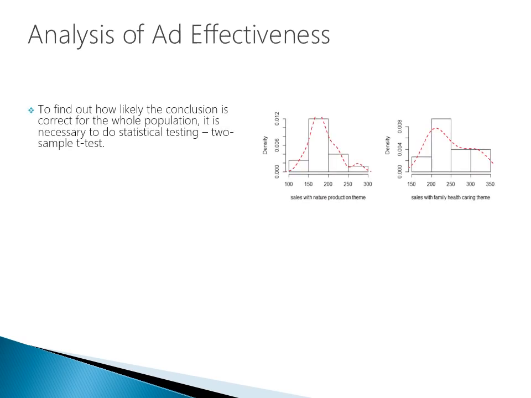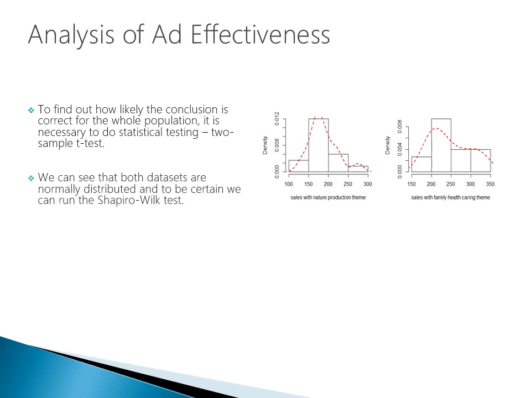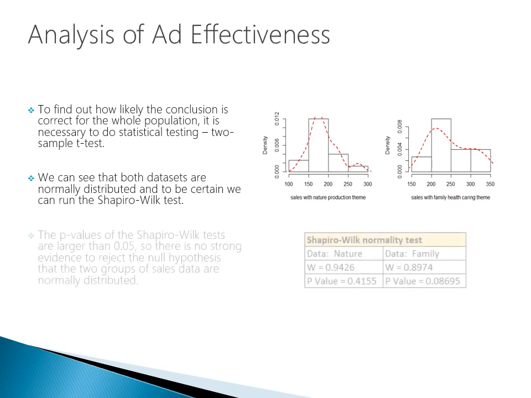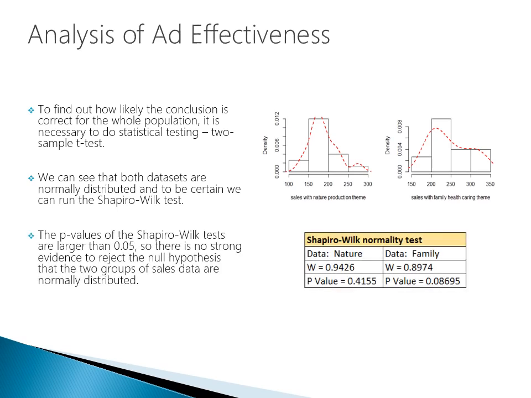To find out how likely the conclusion is correct for the entire population, it's necessary to do some statistical testing. In this case, we're going to do some two-sample t-tests. We can see that both data sets are normally distributed, and to be certain, we can run the Shapiro-Wilk test. The p-values of the Shapiro-Wilk test are larger than 0.05, so there is no strong evidence to reject the null hypothesis that the two groups of sales data are normally distributed.